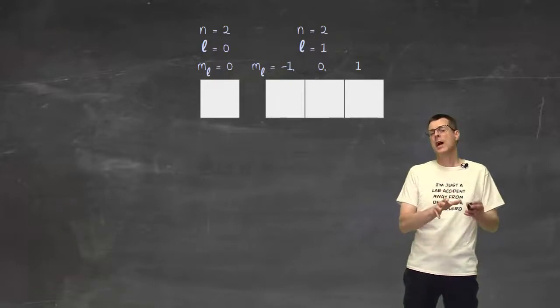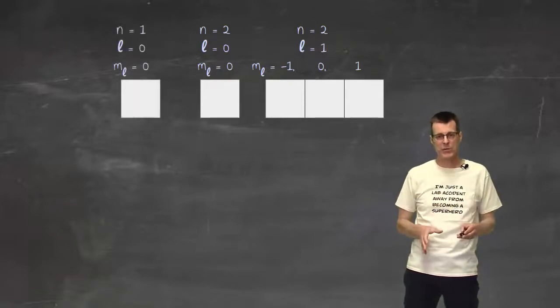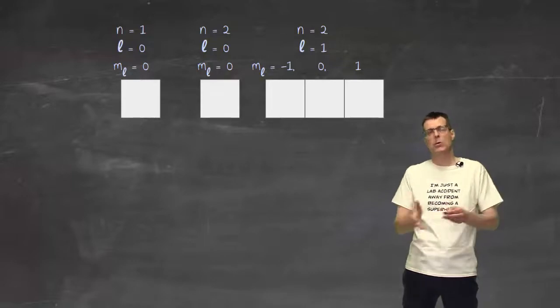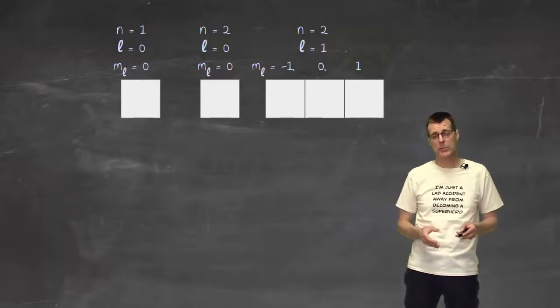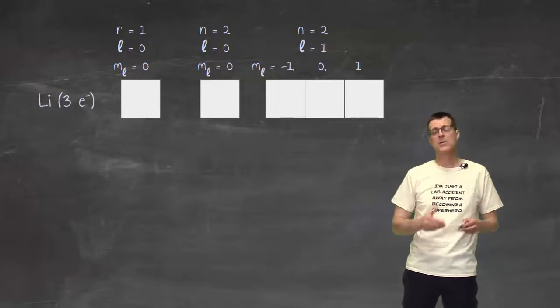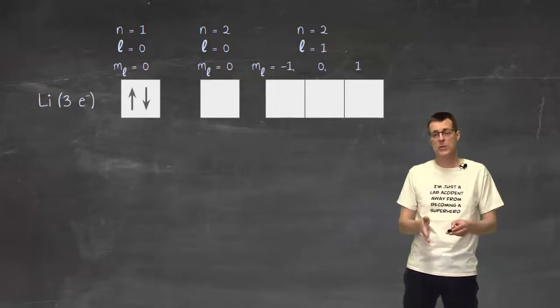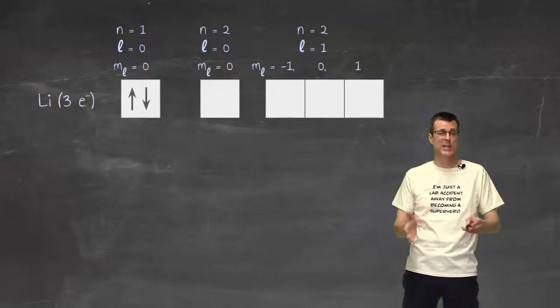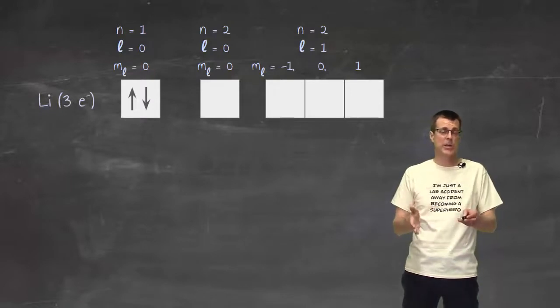But to actually figure out the electrons for the next row, starting with, say, lithium, element number 3, it also has the first energy level. So the first 2 electrons in lithium are going to go into the same places as the first 2 electrons in helium.